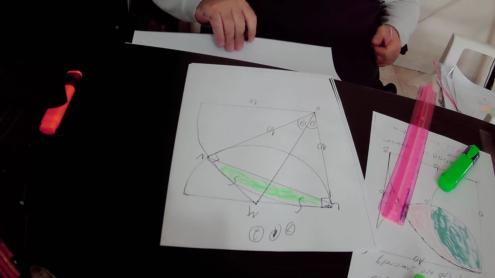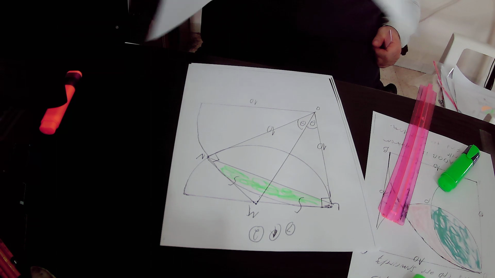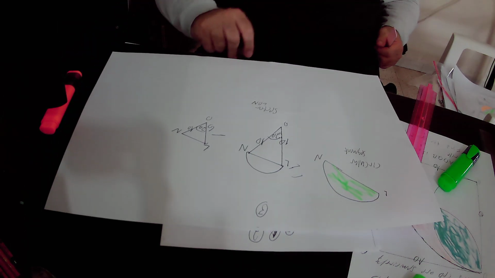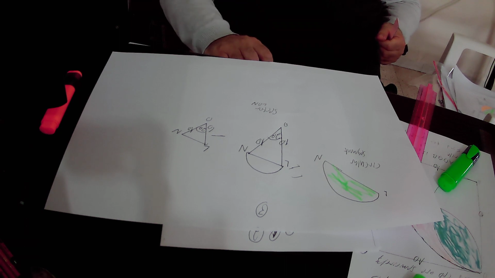I'll repeat again. The area of circular segment LN, that is the upper side of the big lens, equals the area of sector LON minus the area of triangle LON.